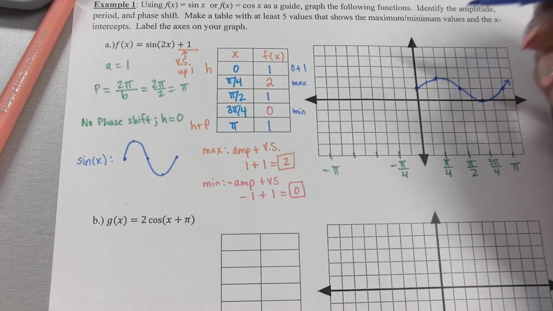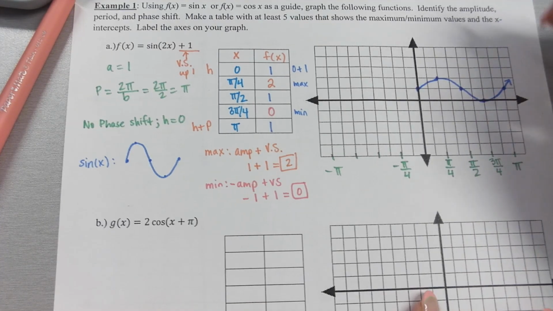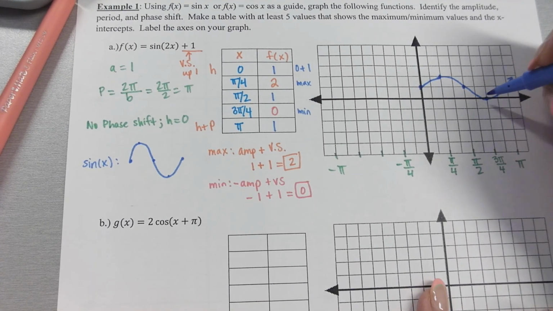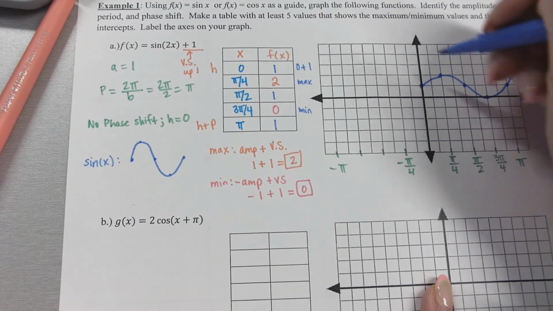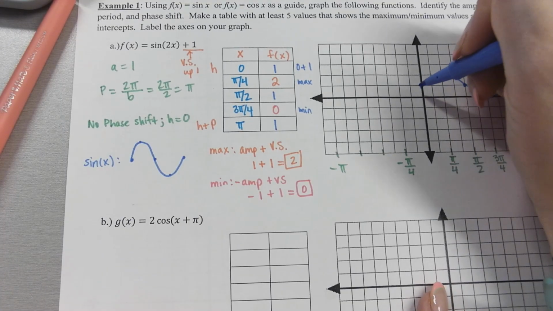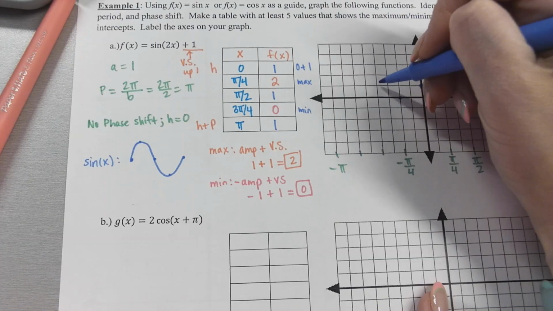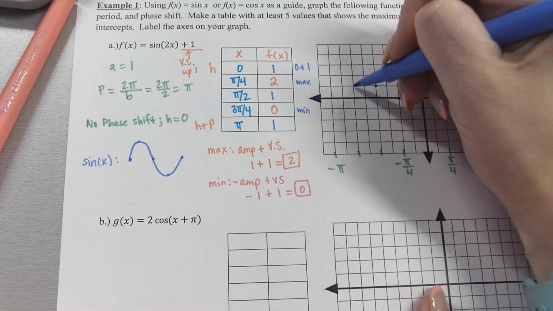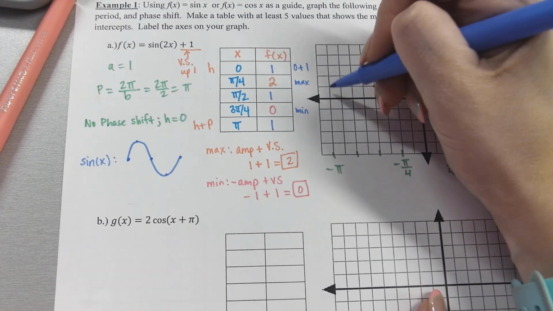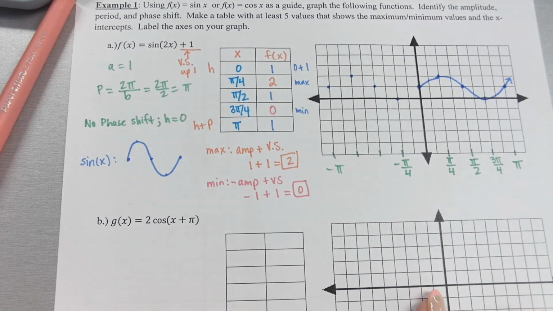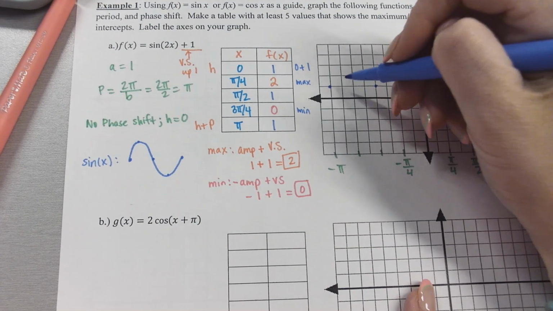Then we're just going to finish the pattern. If it's middle, min, middle, max, middle, min, and it's 2 over, and then 2 over middle, 2 over max, 2 over middle, and then it would be 2 over min.